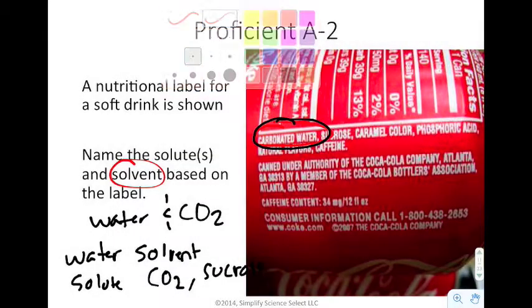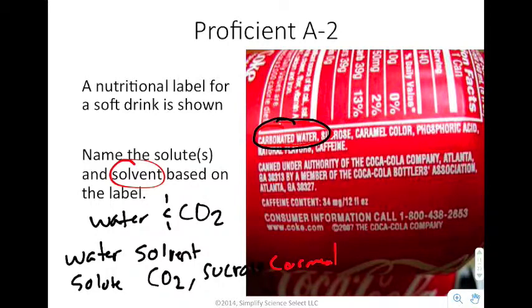You could also add caramel color, whatever that is. You could add phosphoric acid, which is H3PO4. You could add natural flavors, whatever that is, and you could also add caffeine. So water is the solvent, and everything else that's dissolved in it is considered to be a solute.